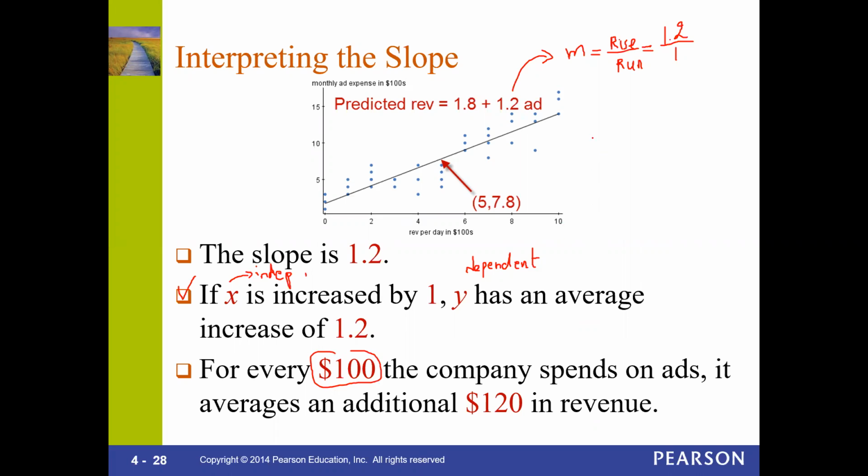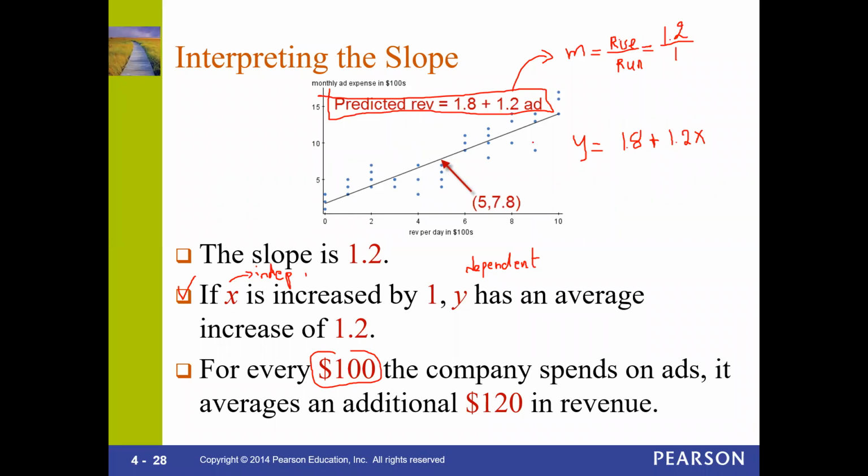So this is what happened. You're going to say again, y is equal to 1.8 plus 1.2 times the ad, which I would call x. Because this is a real life situation, we like to put the letters exactly the way they are: one is ad, the other one is pay. But because I'm doing the math, I can just use x and y.